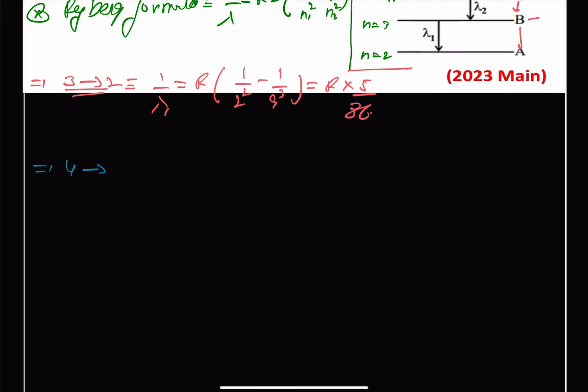From 4 to 3 is the transition. Wavelength is our lambda 2, which gives us R into 1 upon 3 square minus 1 upon 4 square. This will be giving us R into 7 upon 144.